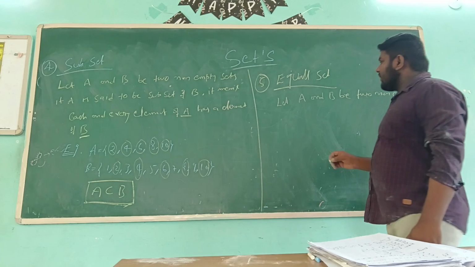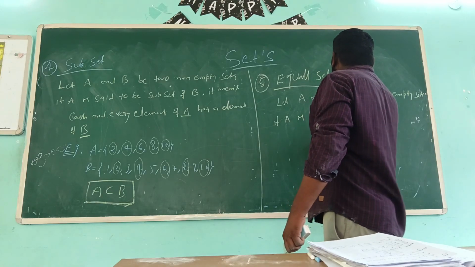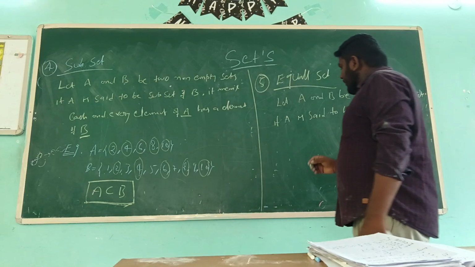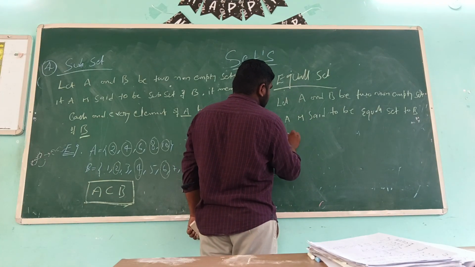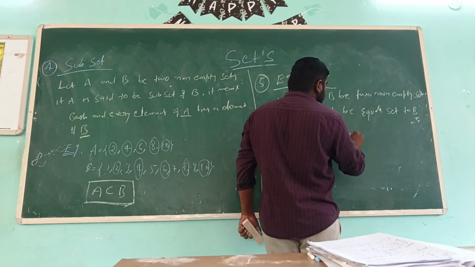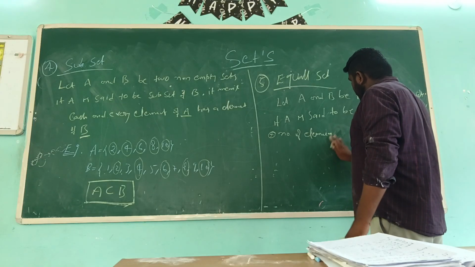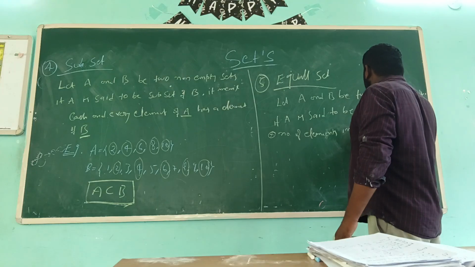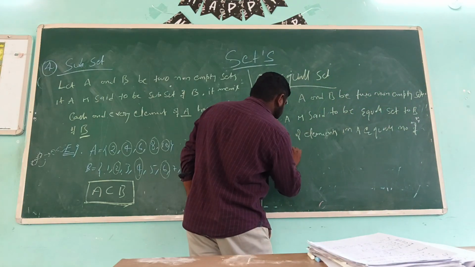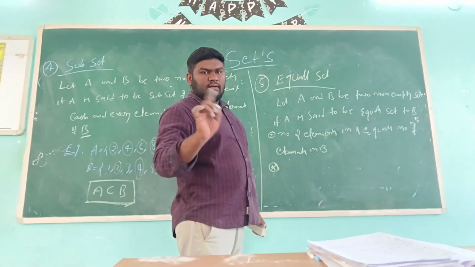A is said to be equal to B means the number of elements in A equals the number of elements in B, and the order of the elements is not mandatory.